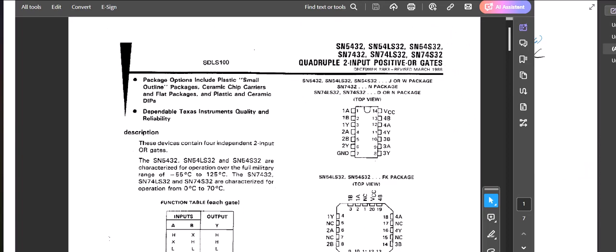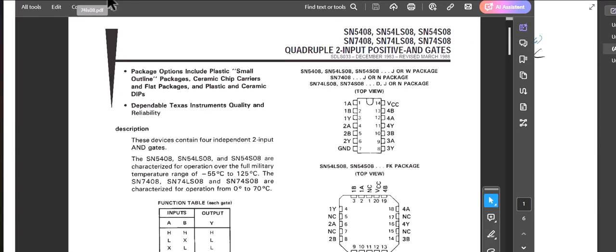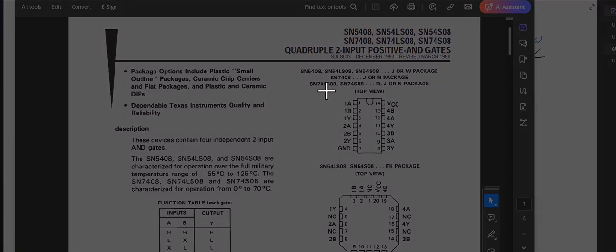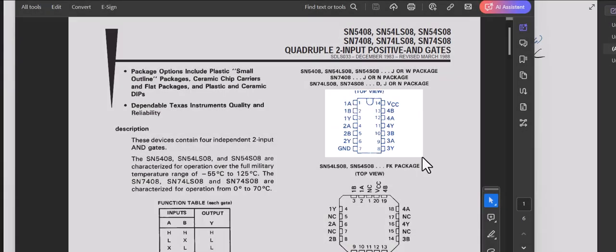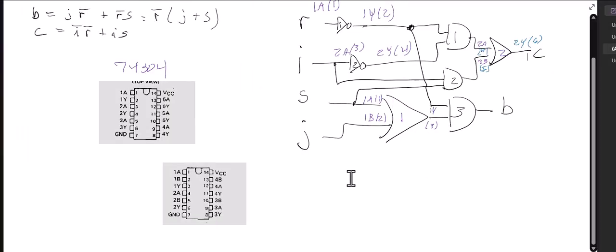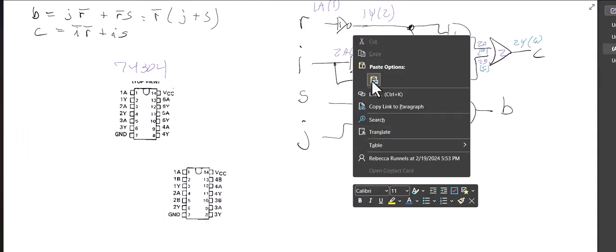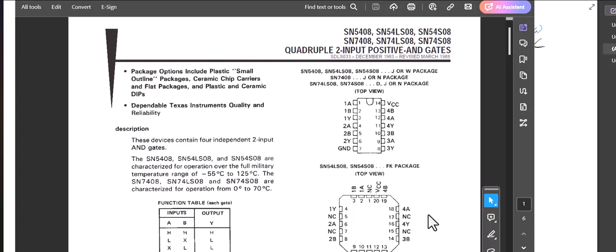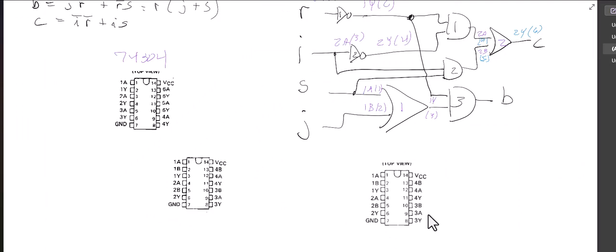And now our AND gate. See, it looks the same. That's 7408.